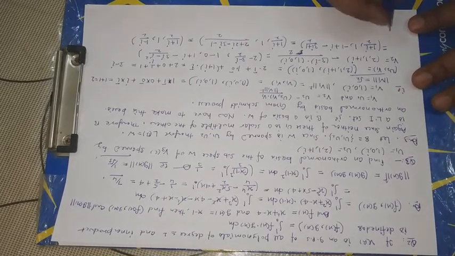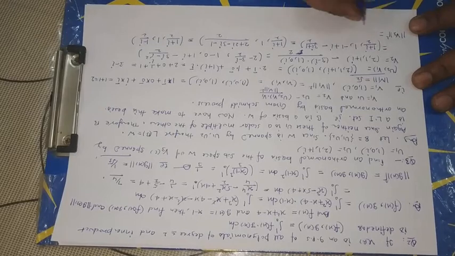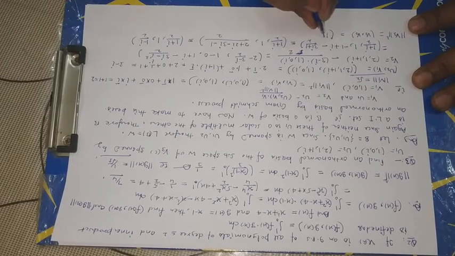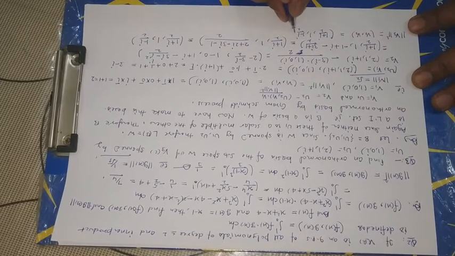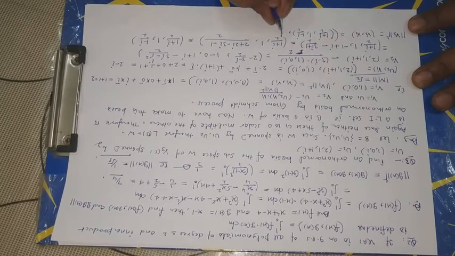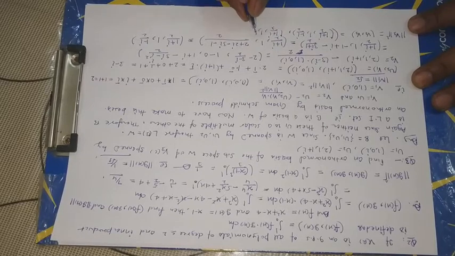Now V2 norm square is equal to V2 inner product with V2, equal to ((1 plus i) upon 2, 1, (1 minus i) upon 2) inner product with ((1 plus i) upon 2, 1, (1 minus i) upon 2).